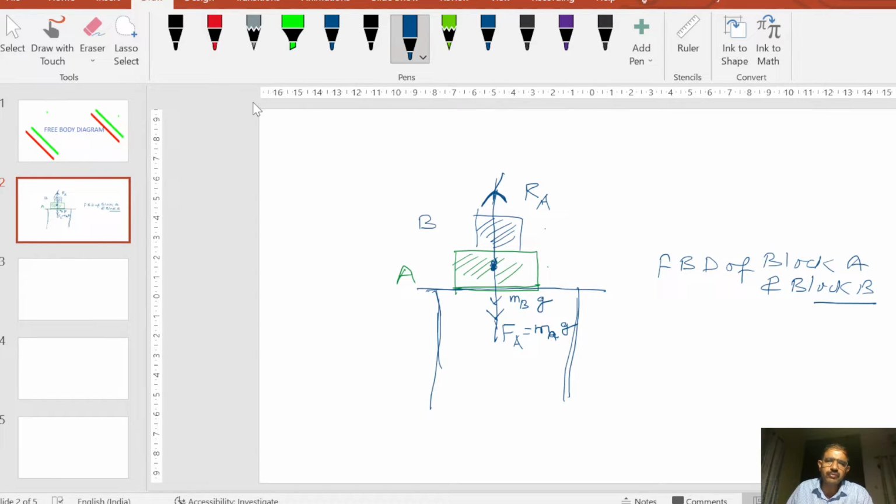Now there is a question in your mind: when this block provides a force Mbg on block A, then block A also provides a force in the upward direction equal to Rb.